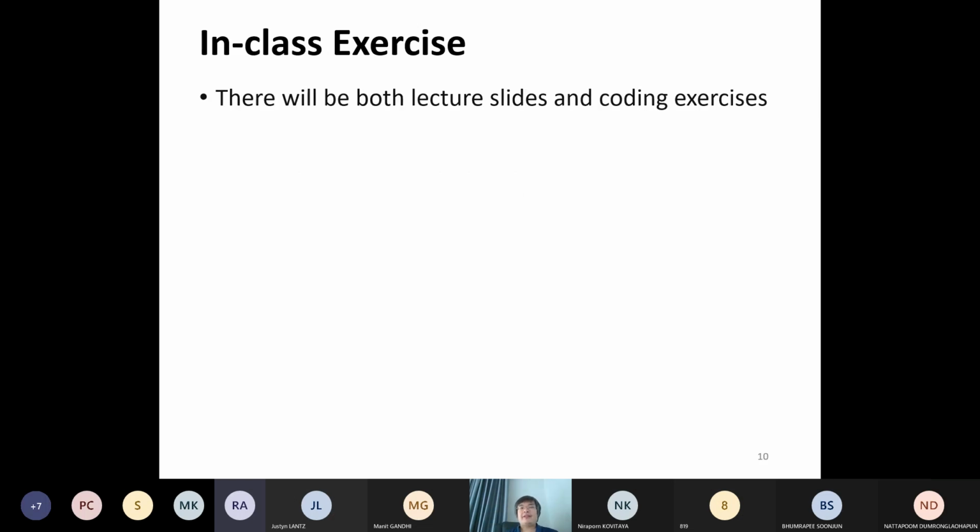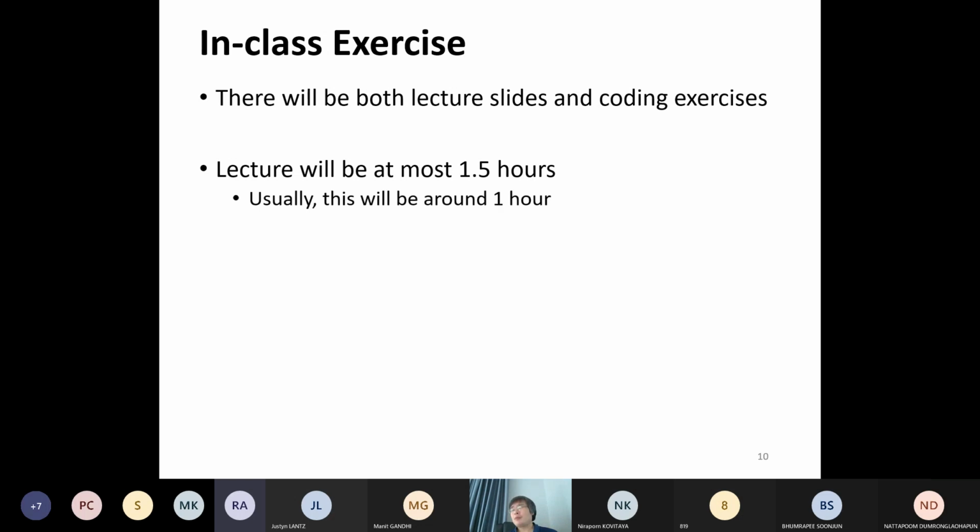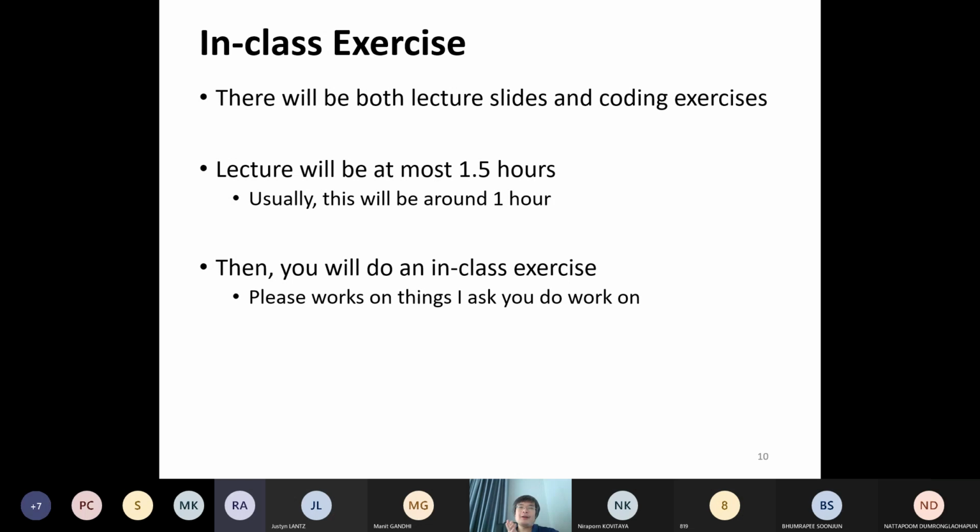For the in-class exercise, there'll be both lecture slides and coding exercises. Lecture will be at most 1.5 hours. Usually, this will be around 1 hour because I want to make sure you get to actually code things on your screen. We will switch to in-class exercise once the lecture portion is over. So please work on things I ask you to work on.